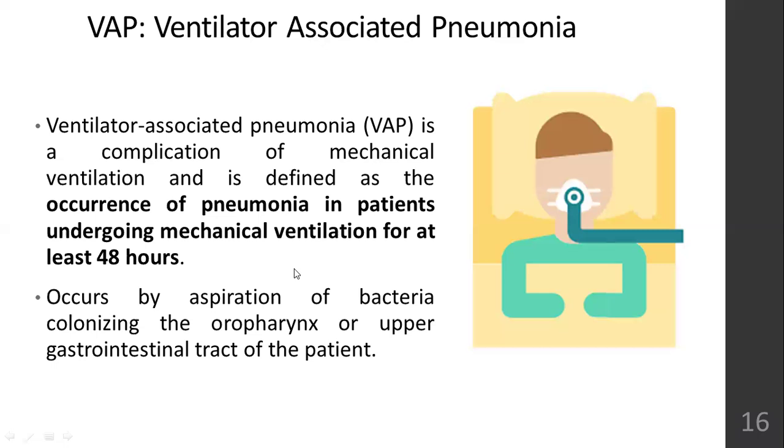And sometimes microaspiration of secretions around the endotracheal tube cuff can also lead to this pneumonia. And if the patient's immunity is impaired because of long-term sedation, critical illness, supine position, because of all these factors, that could also put them at risk of pneumonia.